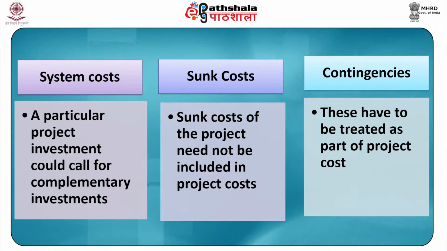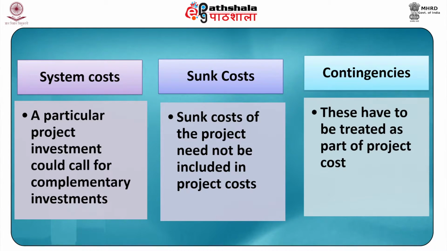For example, a power generation project has to be accompanied by transmission and distribution. Hence, all the related costs that are part of the system need to be considered. 2. Sunk costs. Sunk costs of the project need not be included in the project costs.